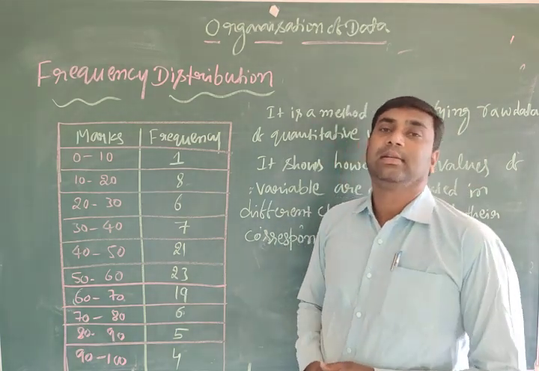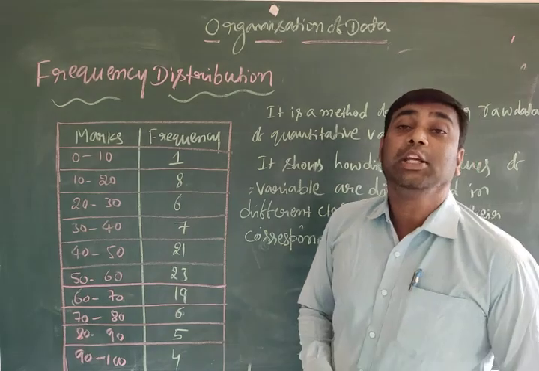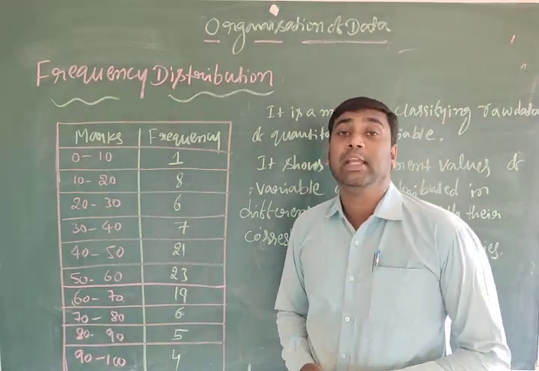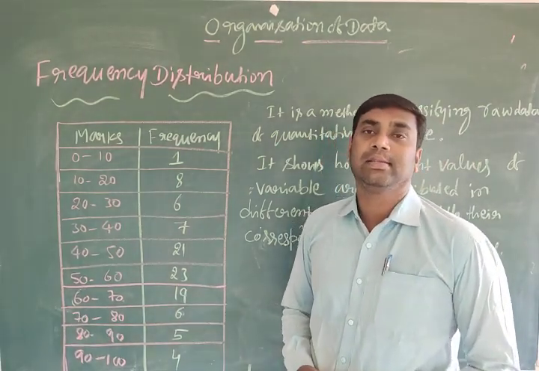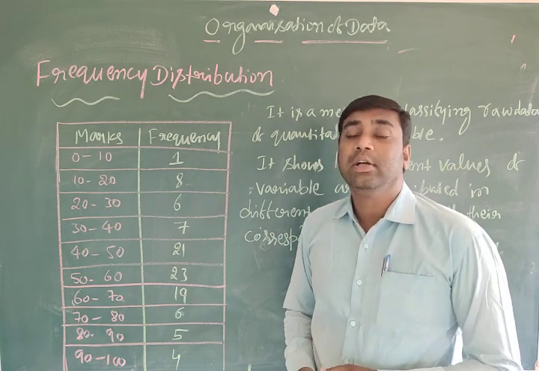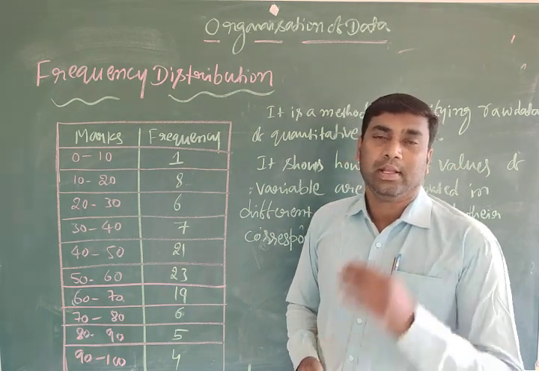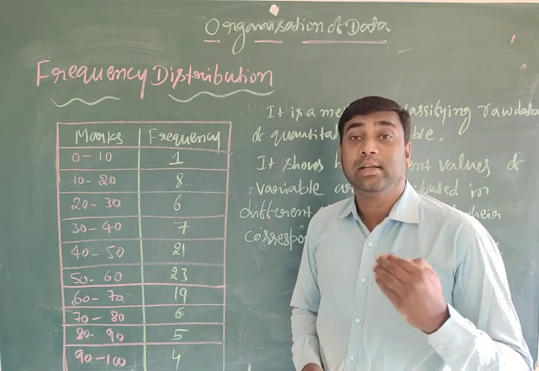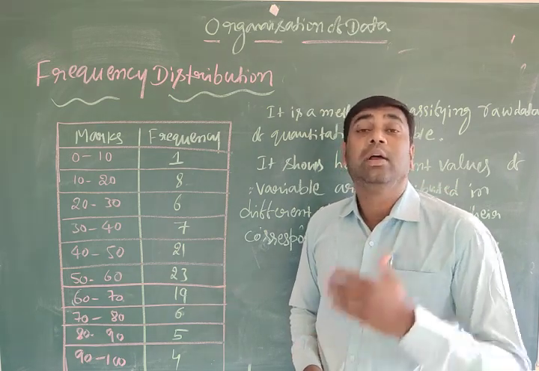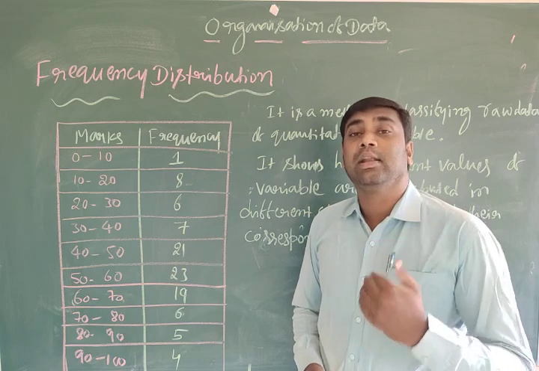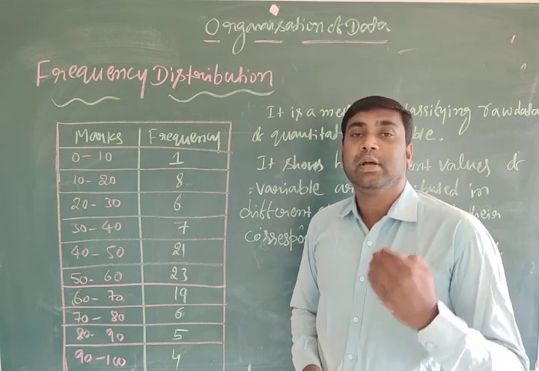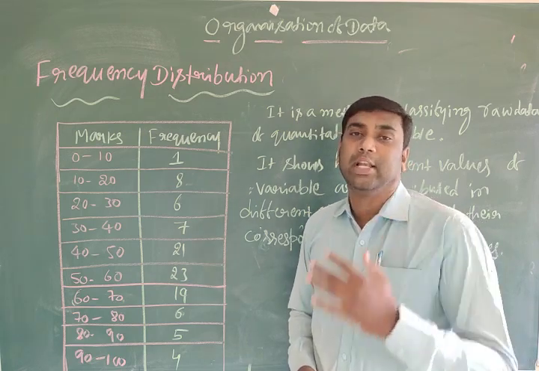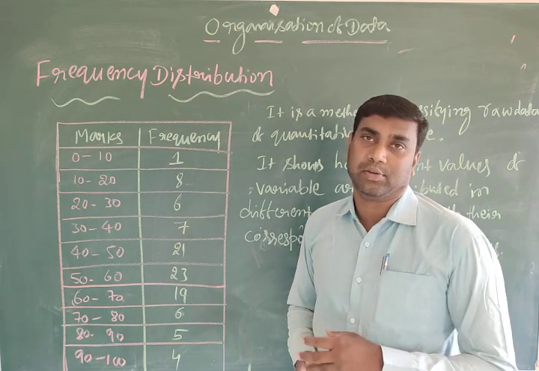In the continuous variable we observed any numerical value, whereas in discrete variable we observed only certain values, particular values.